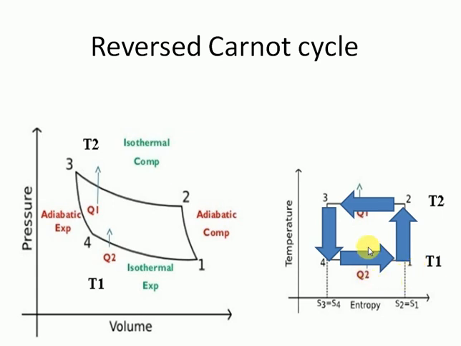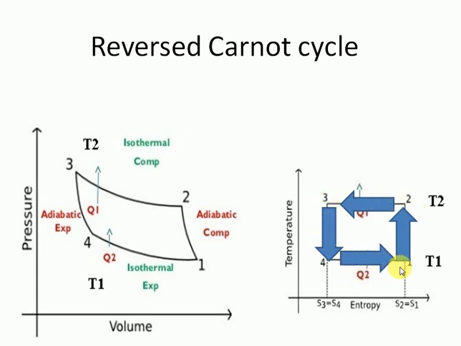In the 4 to 1 process, heat is taken out from the space which is to be refrigerated, the space whose temperature is to be reduced. In this cycle, assume Freon gas is the working substance. So this Freon gas is circulated in the cycle.